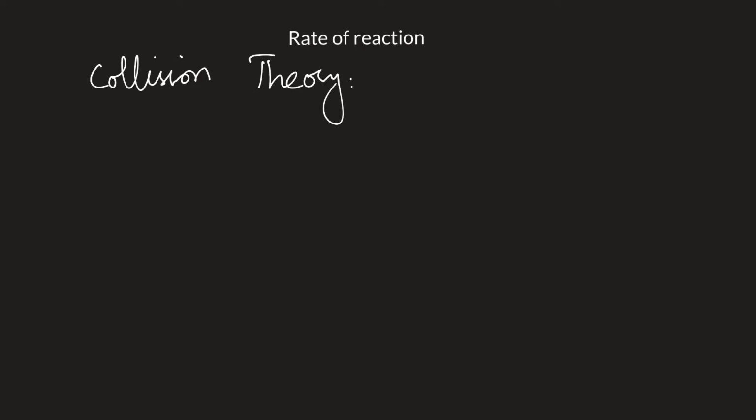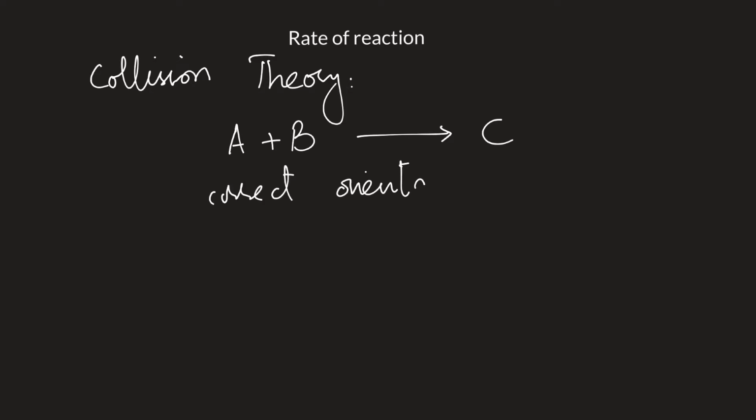Collision theory basically says that for a reaction to occur, let's suppose A wants to react with B to get C. Now, A particles must collide with the particles of B with correct orientation, which means they must collide at the right angles, and with correct or sufficient energy.